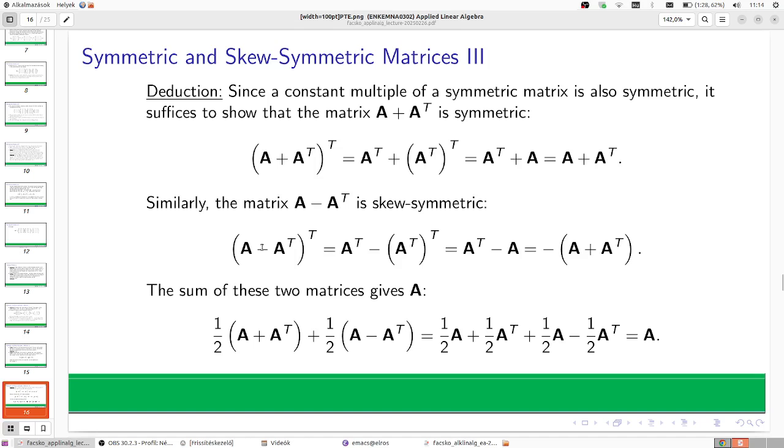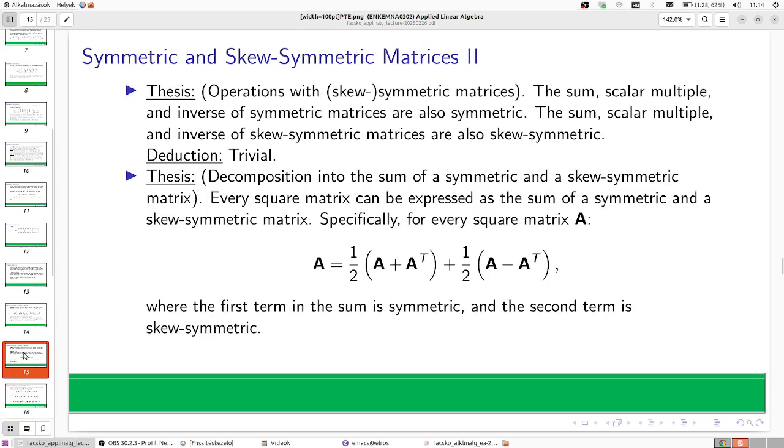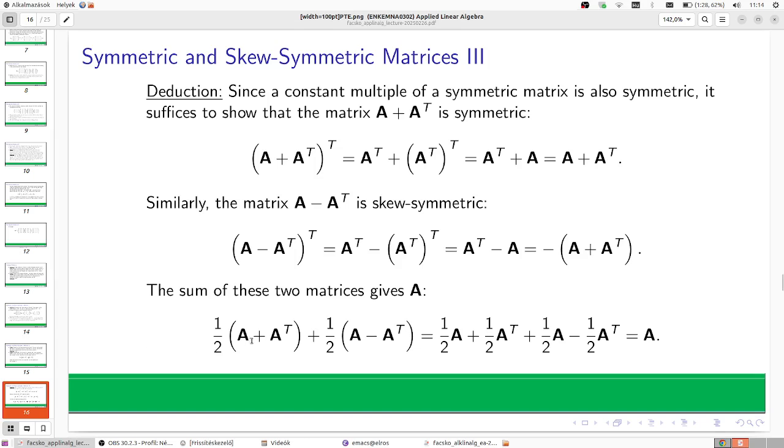So this is skew symmetric. So this is the symmetric part, this is the skew symmetric part. In the original formula, you have half A, another half A here, half transpose A here, minus half transpose A there, so the result is the original A. This is what I wanted to demonstrate.